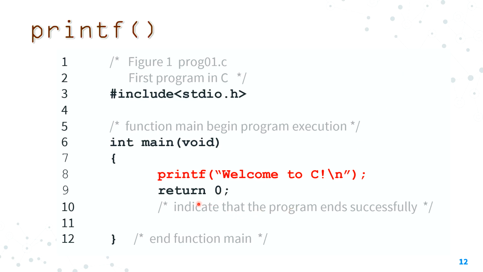The printf function and scanf are standard input or output functions. They are both built-in functions used for formatted output, printf, and formatted input, scanf. This example shows you only the printf for the output, but not the scanf for the input.